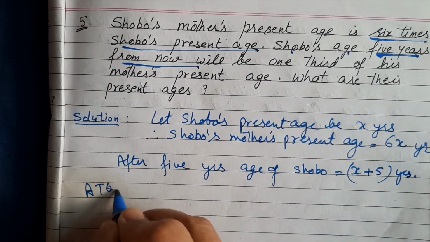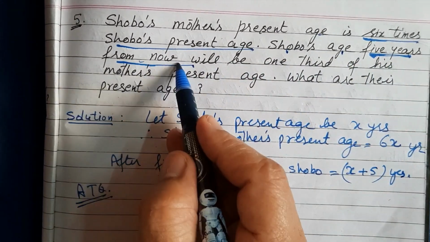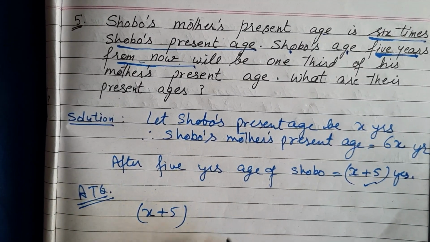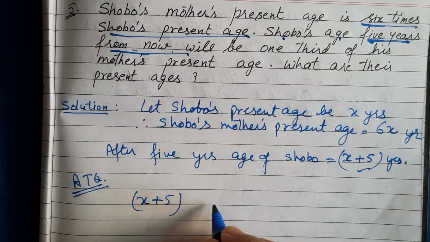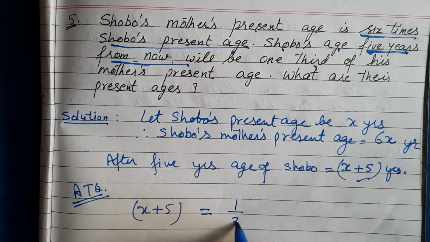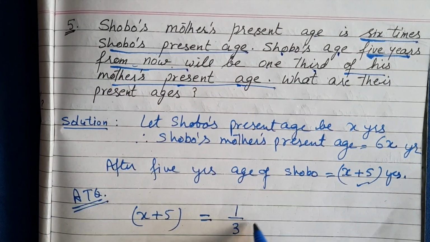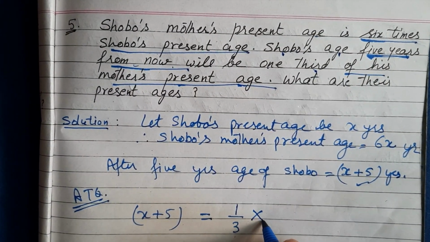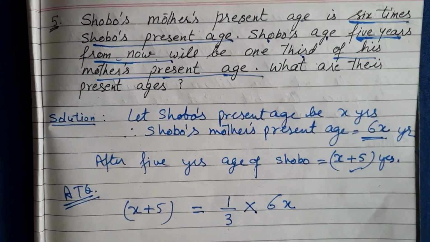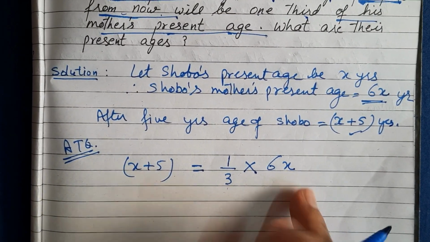Now according to question, Shobo's age 5 years from now, so x plus 5, will be one third of his mother's present age. What is mother's present age? 6x. Right? So x plus 5, Shobo's age is one third of his mother's present age.